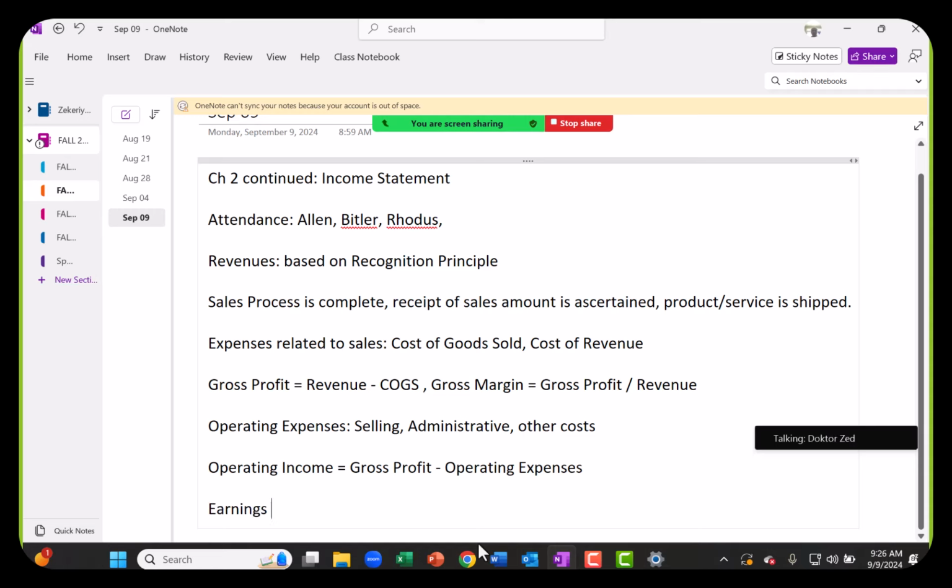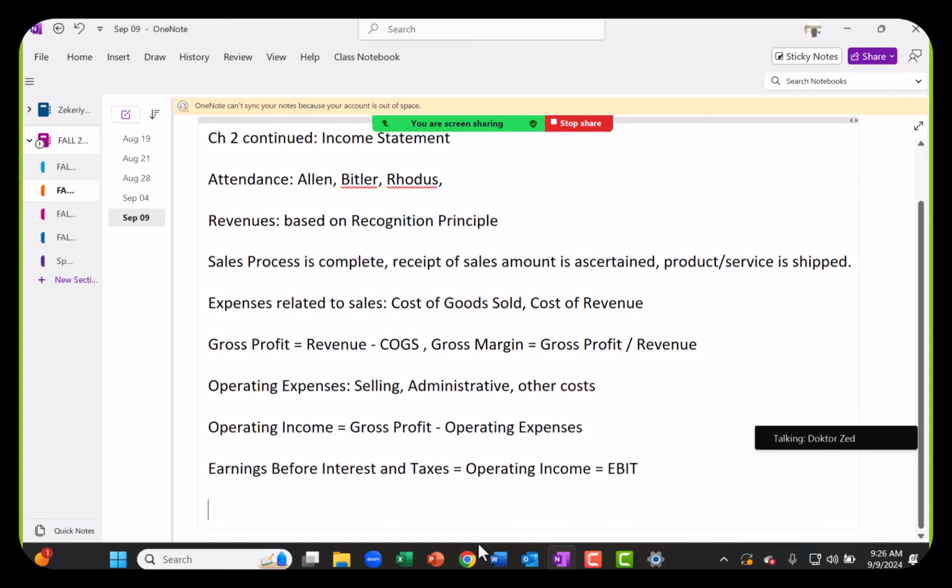So earnings before tax. By the way, this operating income, before interest and taxes, is the same thing as operating income, and we're going to abbreviate that to EBIT.